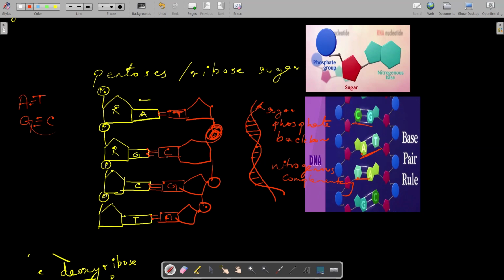Guanine will always be paired with cytosine. So this is a DNA molecule. This is one strand and this is another strand. Together they are a double helical structure and they are a little twisted. I hope that is clear.